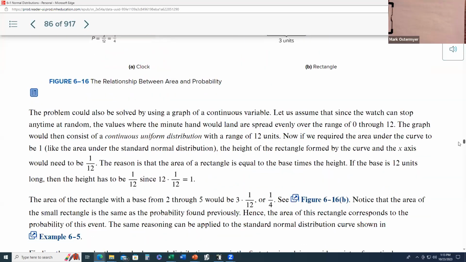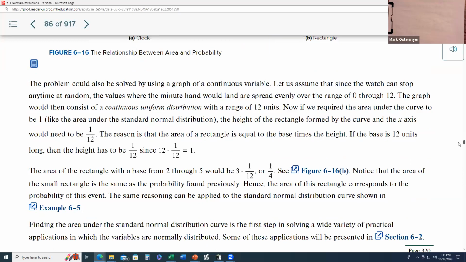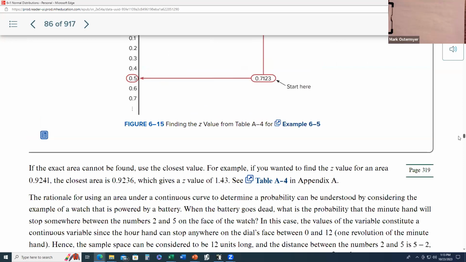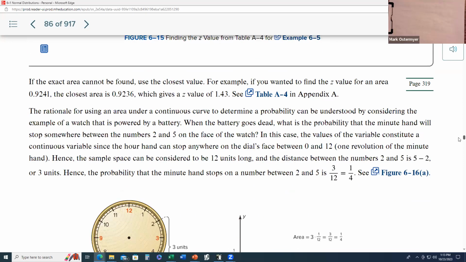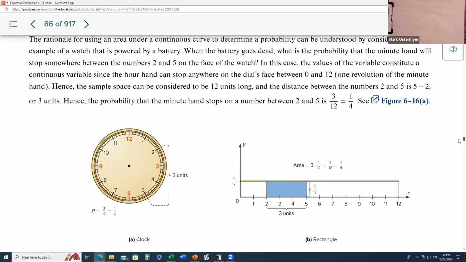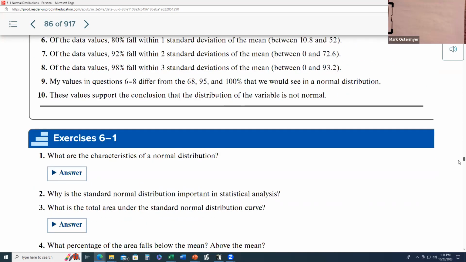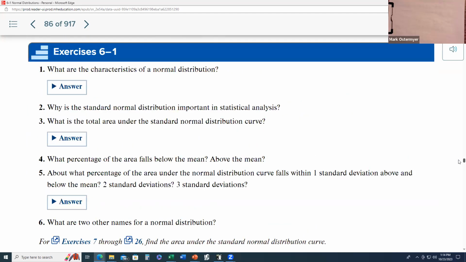All right, let's see what we got here. All right, so here are the problems. They begin right here.